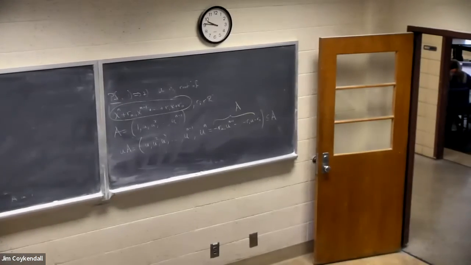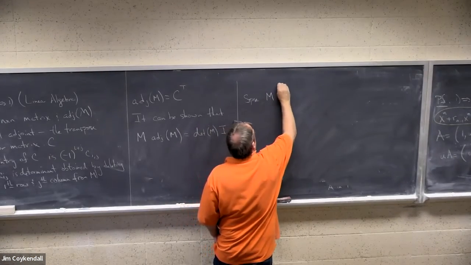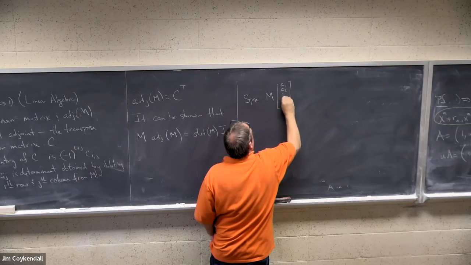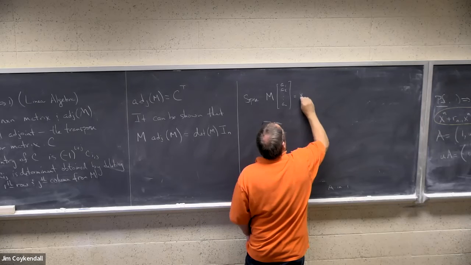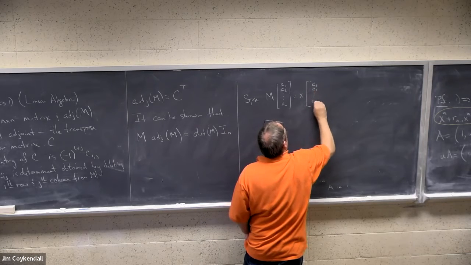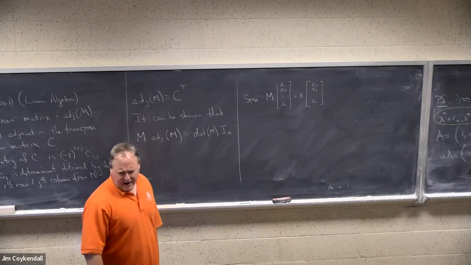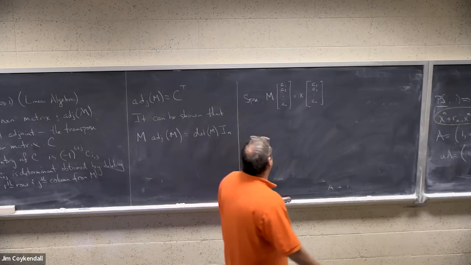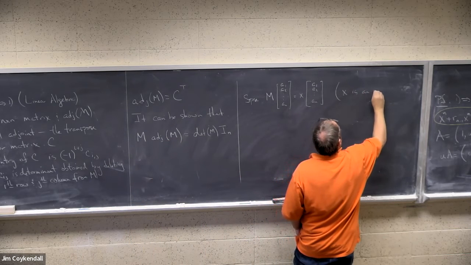Suppose M times (a1, a2, ..., an) is equal to x times (a1, a2, ..., an). So suppose that I have this, and so that is to say x is an eigenvalue.